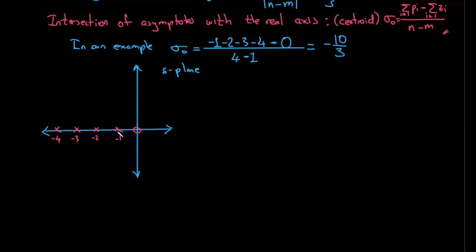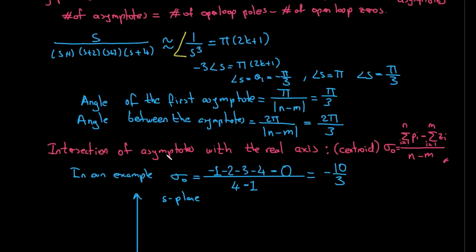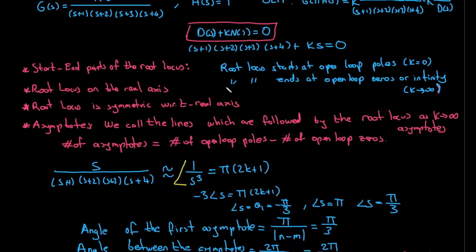I know that when k is equal to 0, the start points of the root locus will be the open loop poles. The end points of the root locus will be either open loop zeros, so some of the poles are going to go there, or they will follow the asymptotes and go to infinity. That was the first rule, okay? So the root locus starts at the open loop poles when k is equal to 0, and the root locus ends at open loop zeros or infinity as k goes to infinity.